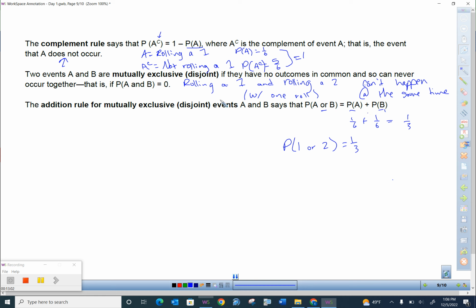Okay, so one thing that I'm going to add here is this word or. We have a math symbol for this. It's a union. So a lot of times you're going to see probability of A union B instead. Okay, so look out for that.